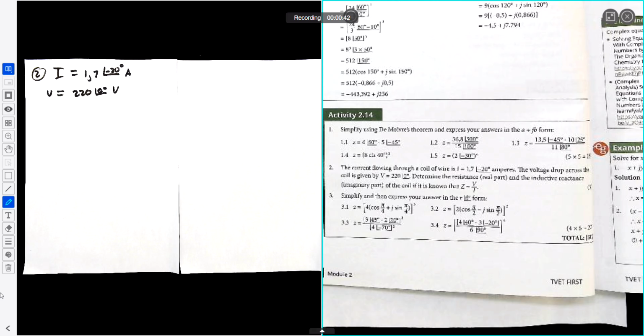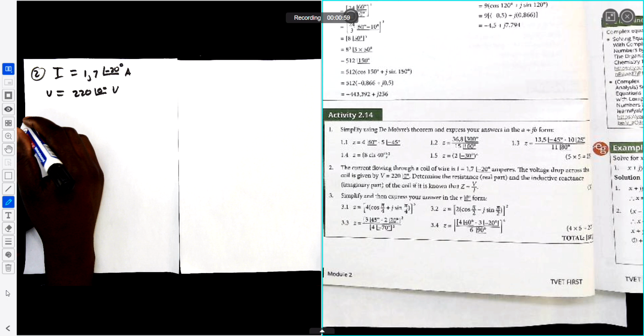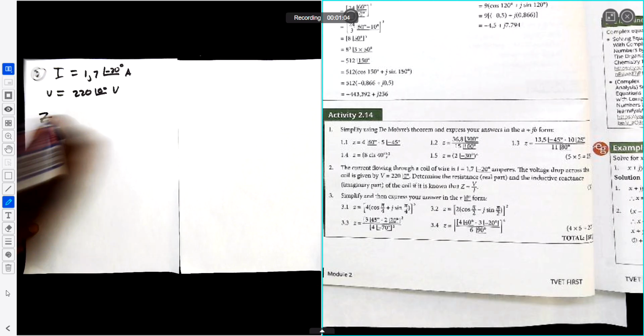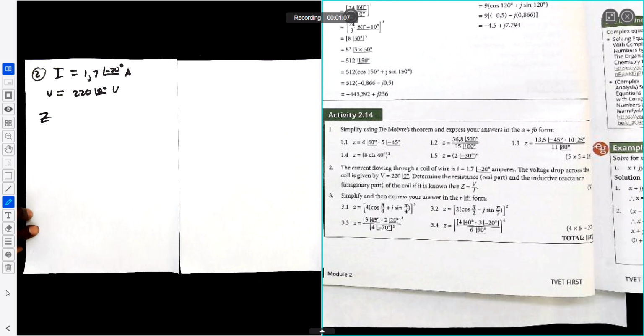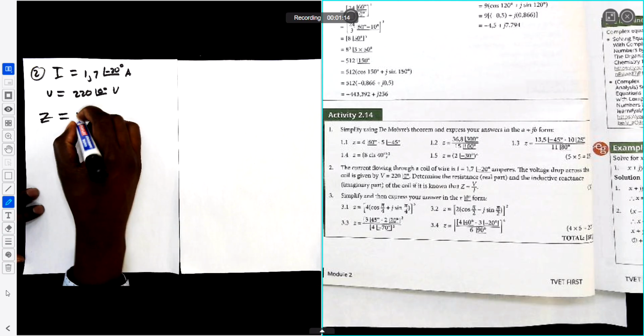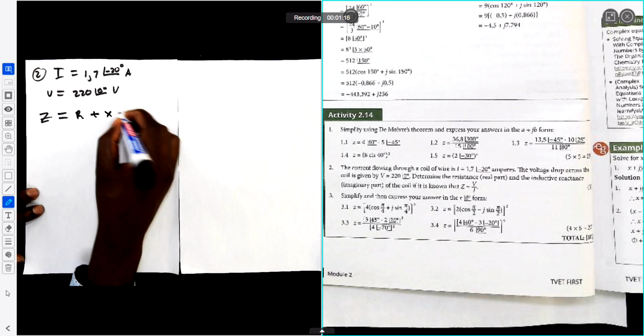So we need to determine the resistance, the real part, and the inductive reactance, the imaginary part of the coil, if it is known that Z is equal to V over I. Most of you who are doing civil won't know most of the electrical part, but when we talk about the impedance, Z is equal to R plus XJ.